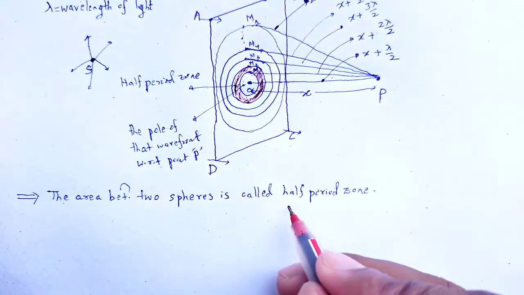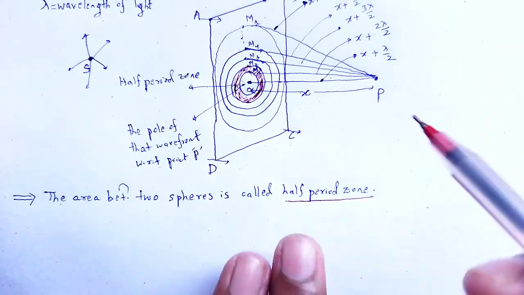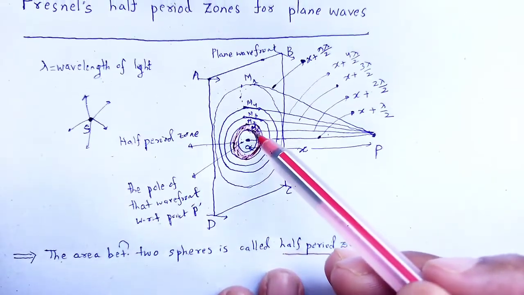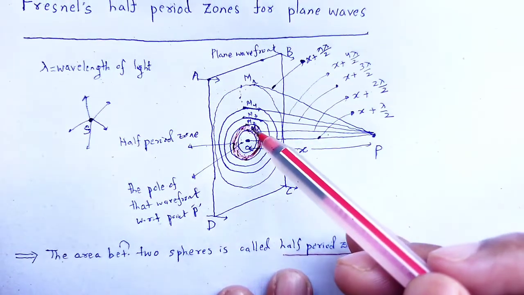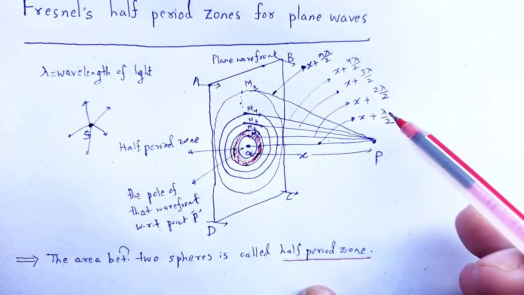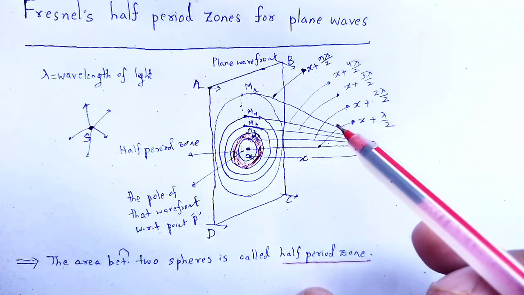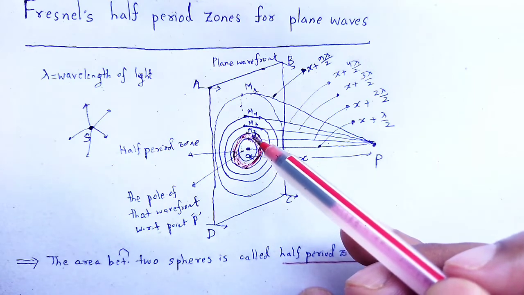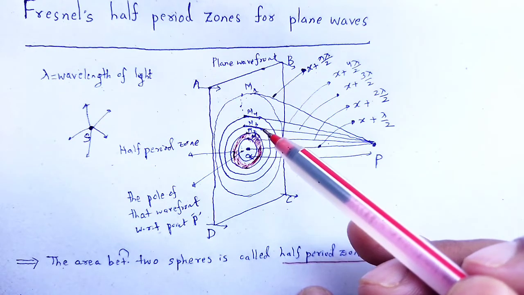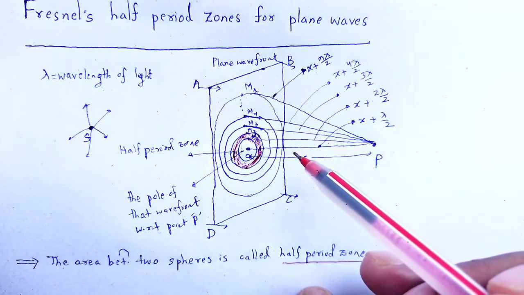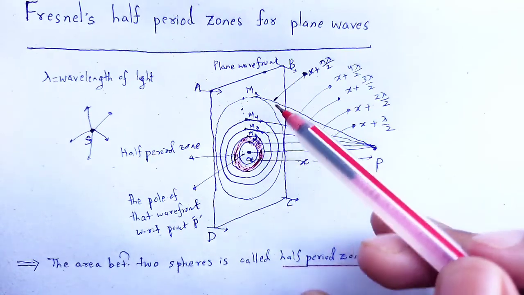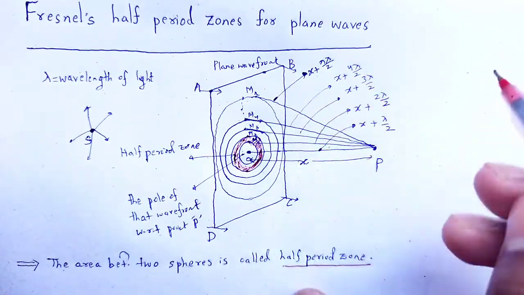The name half period: look here, any two concentric spheres or circles have a path difference of lambda by 2, and the time period also differs by T by 2 and the phase differs by pi.